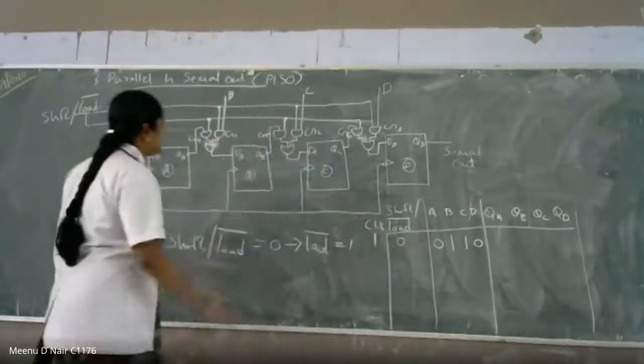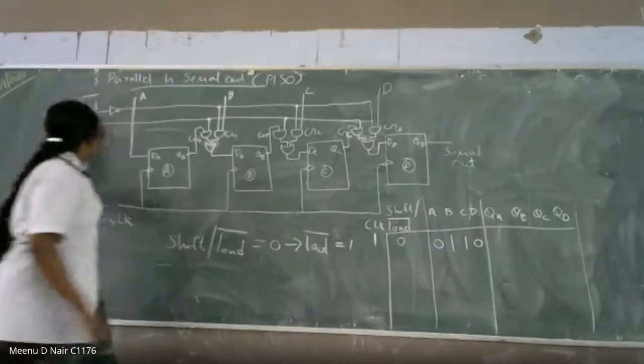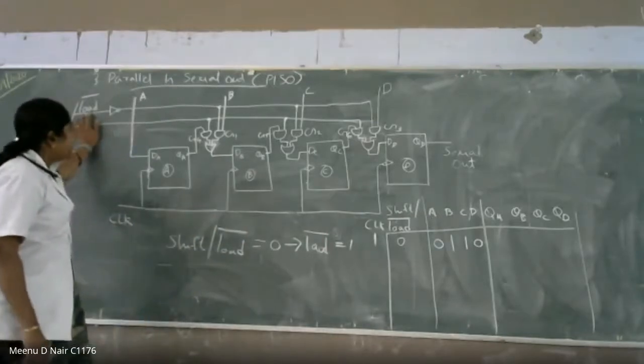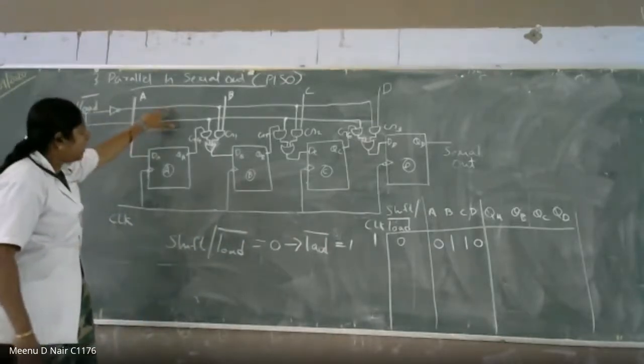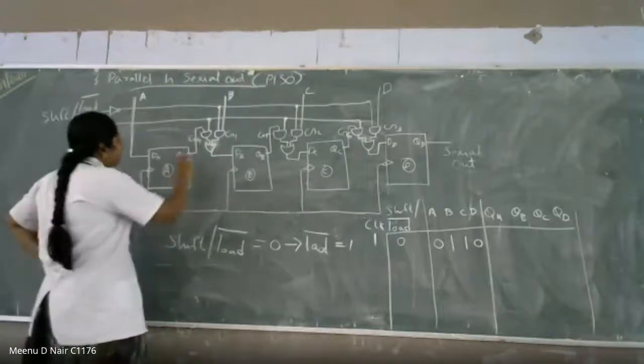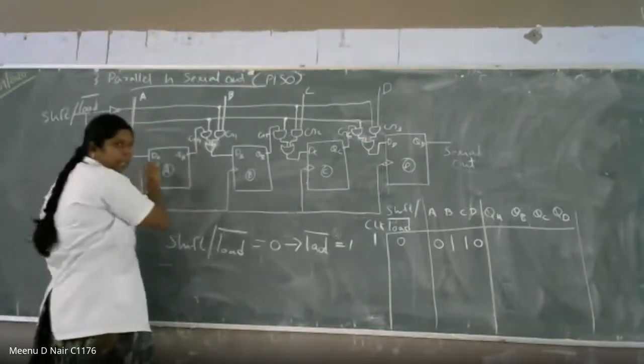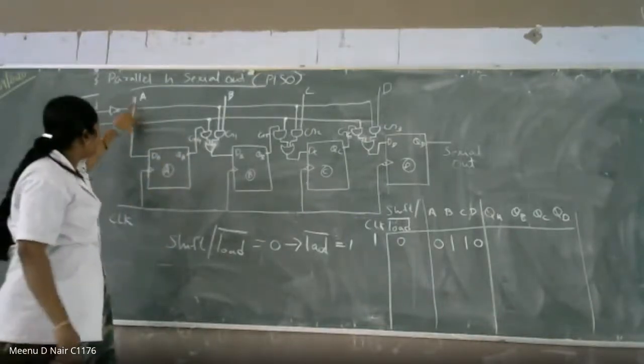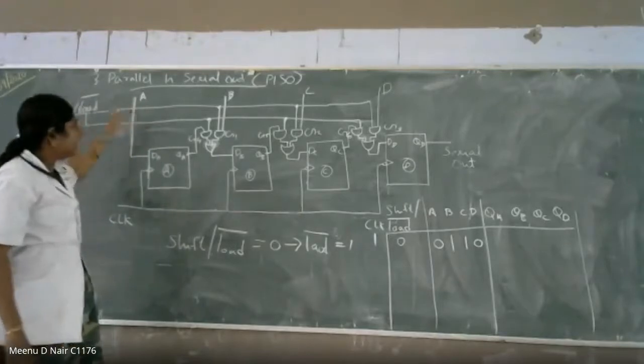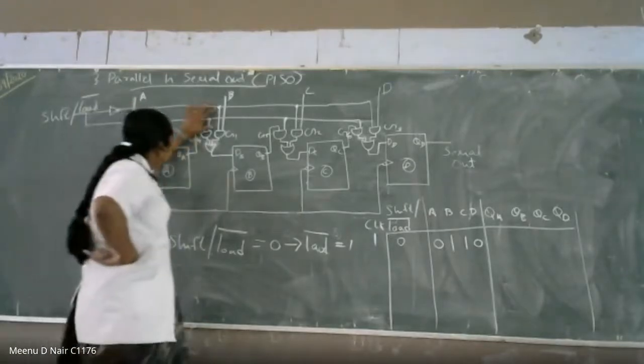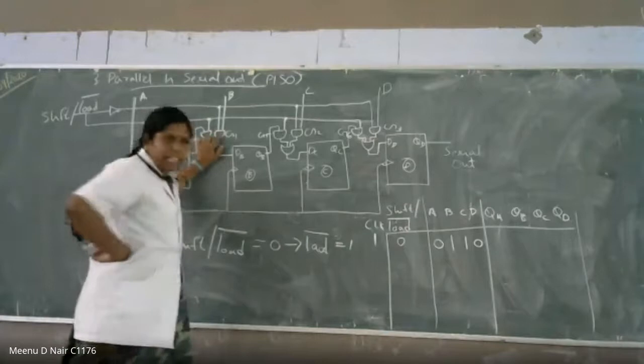What is happening here? This point is 1, load line is 1. So this line is the activated line. The A input will come here directly because it is not connected anywhere. You consider this is an AND gate.